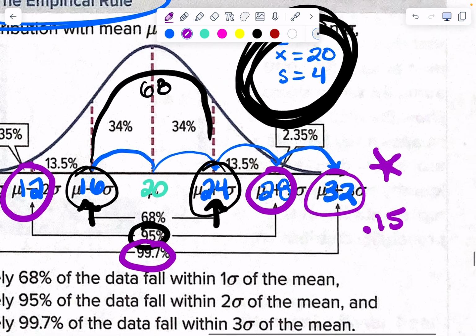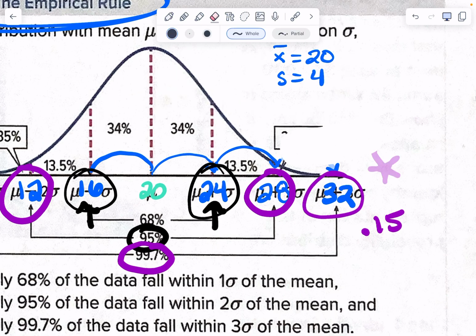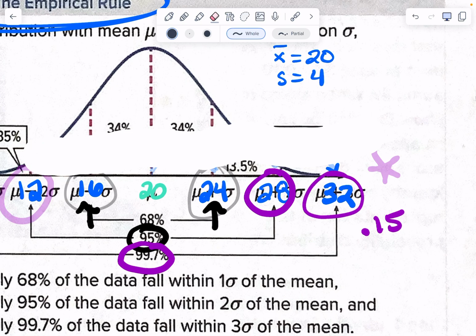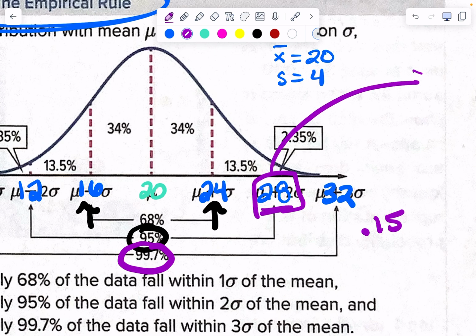Breaking this down also, let me erase some of this stuff. Let's look at some of these other intervals in between. What percent of people scored above a 28? 2.35%. And actually, above a 32 is 0.15, right?